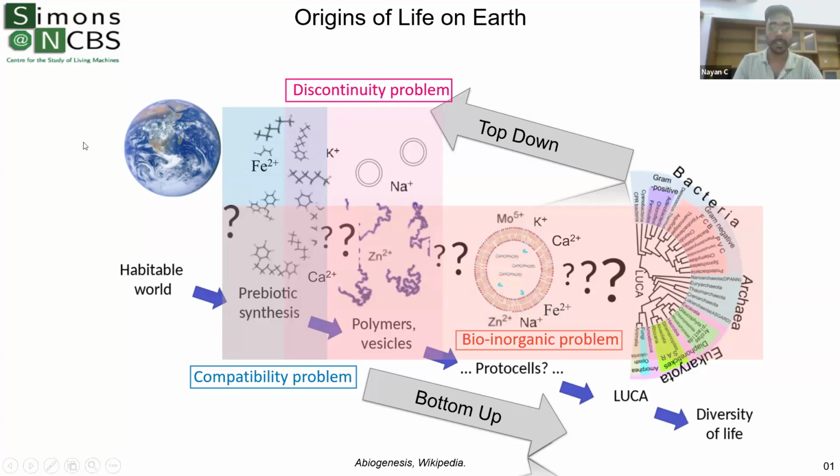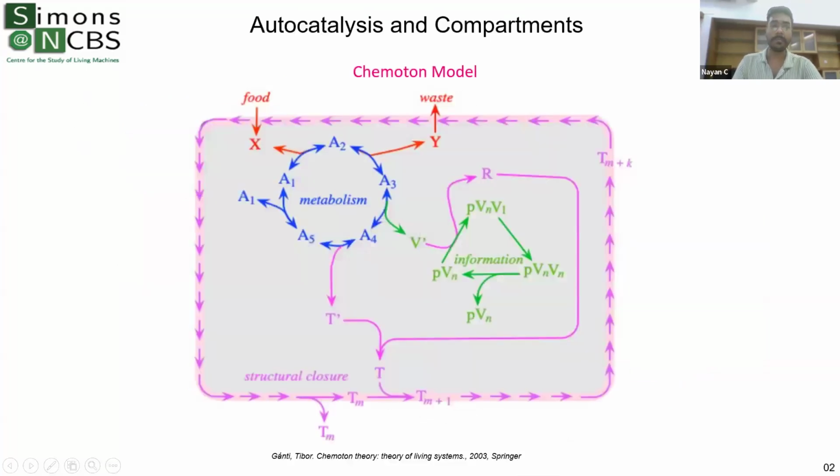Now, to describe a simple model for a protocell, it would be something like this, the chemoton model proposed by Ganti. One starts with some food set, which is not alive, it's just a food set. Starting from this food set, one would get an emergent metabolism cycle, and this metabolism cycle would form the structure in which it would contain the metabolism cycle.